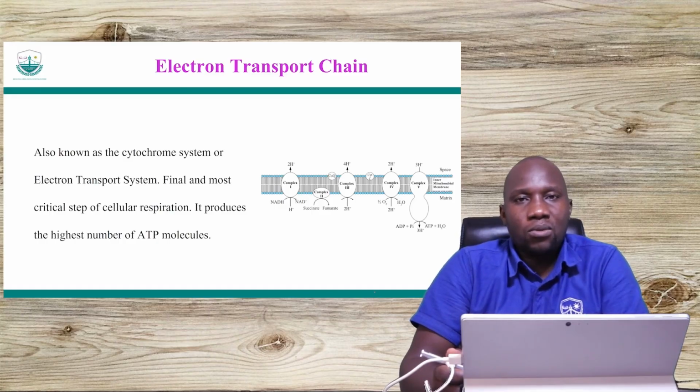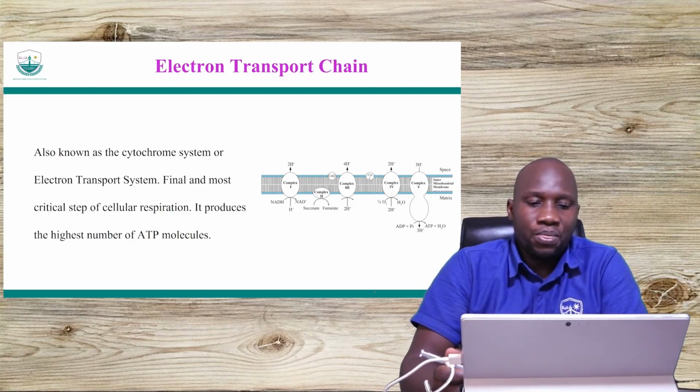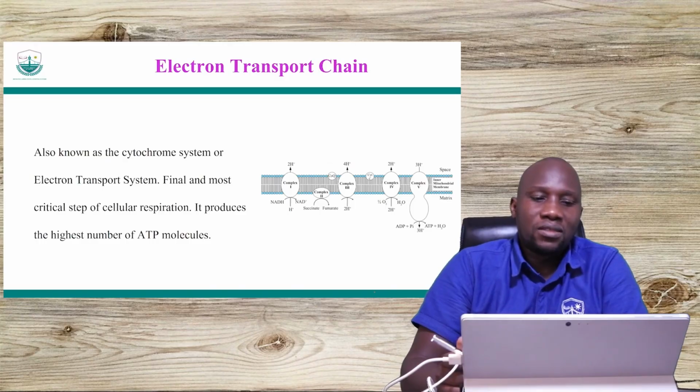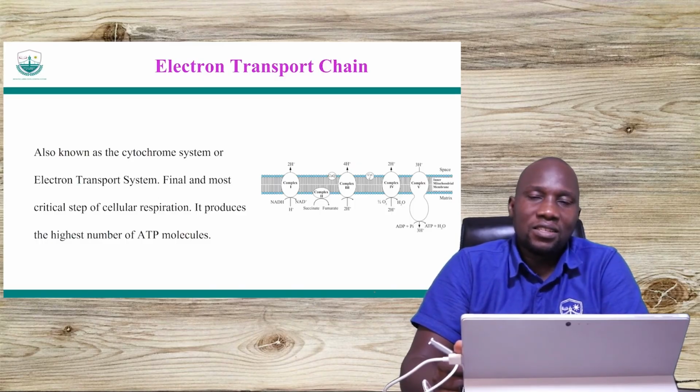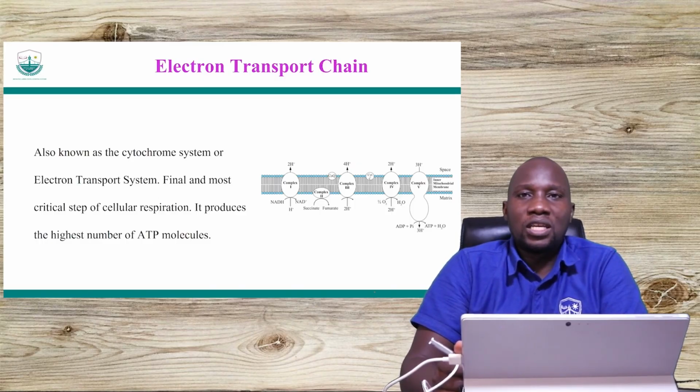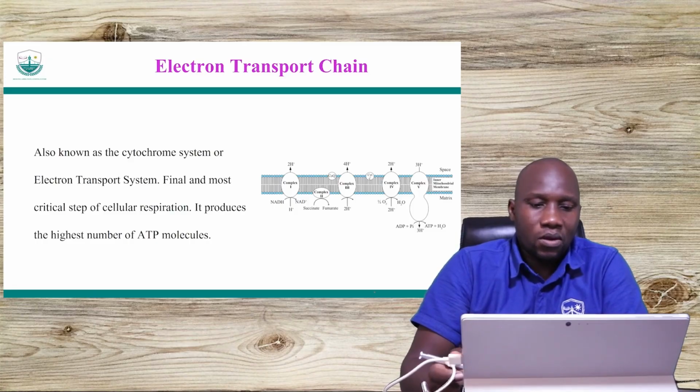These are proteins that have a prosthetic group called iron. Iron is the prosthetic group in cytochromes. Cyto means cell, and chrome means color. So the iron in these proteins gives the color. That is the cytochrome system, the other name for the electron transport system.